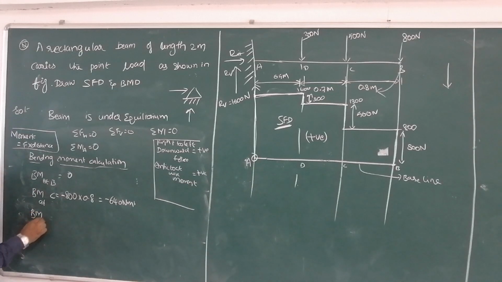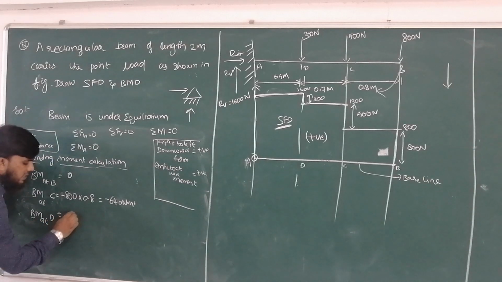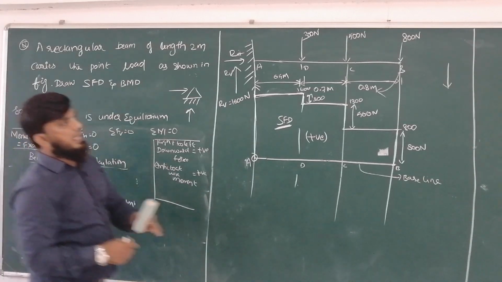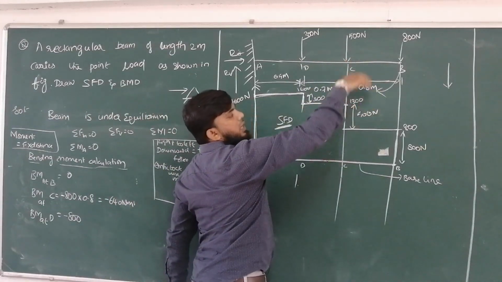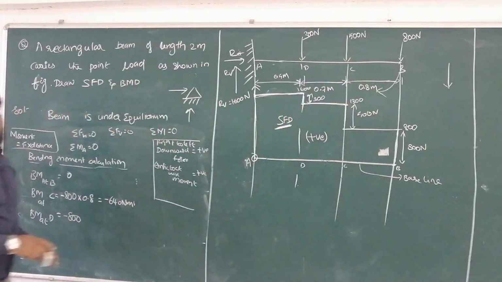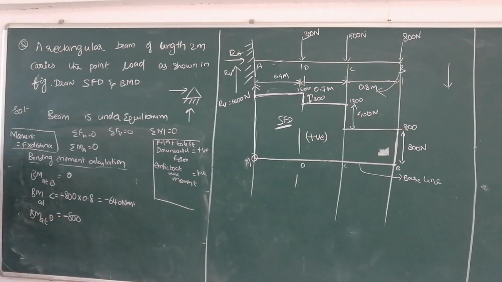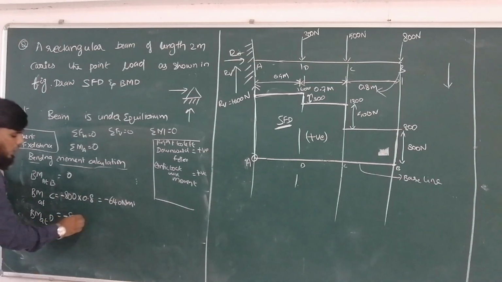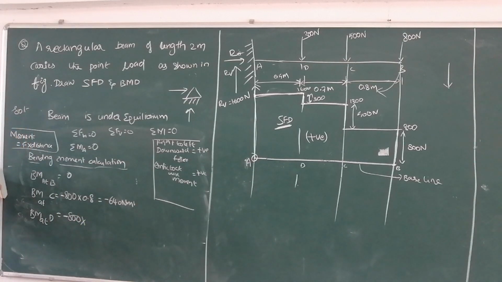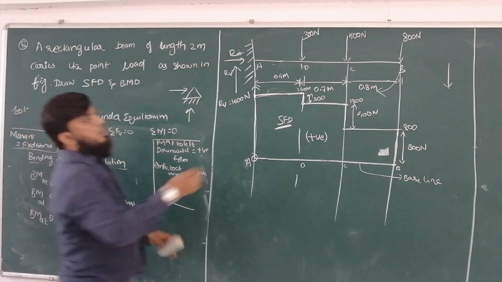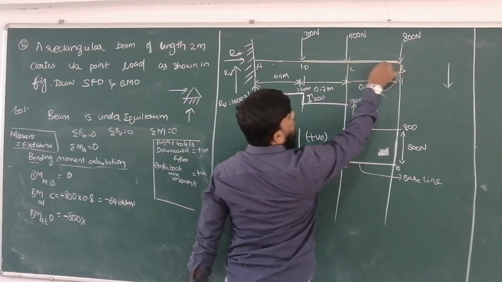Next is bending moment at point D. When I say point D, you have to consider all the loads to the right of point D. We have two loads, one is 800 and the next is 500. First, the 800 is trying to rotate point D in the clockwise direction, so I should take minus, into the distance from load 800 to point D. You have to take this total distance.